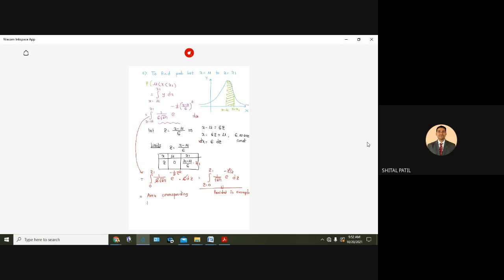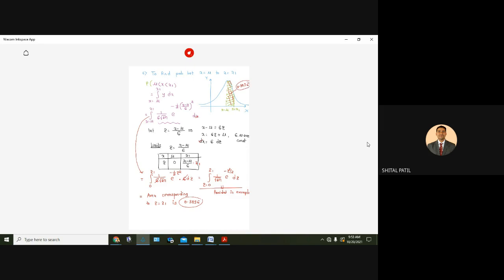The area corresponding to z equal to z1 is, say, 0.3896. For example, I am saying. Which is this area of 0.3896? This area. This area is 0.3896. Is everyone getting it?